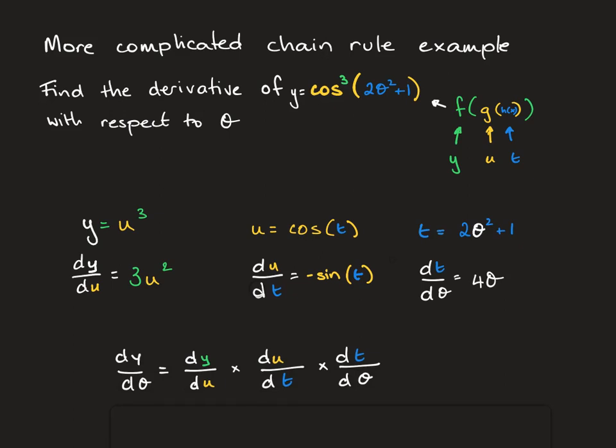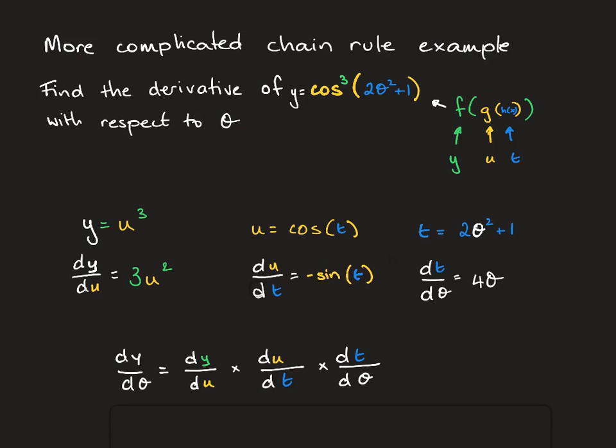You can see that dy d theta is equal to dy du times du dt times dt d theta. In effect, the du's cancel and the dt's cancel, and we're left with dy over d theta.